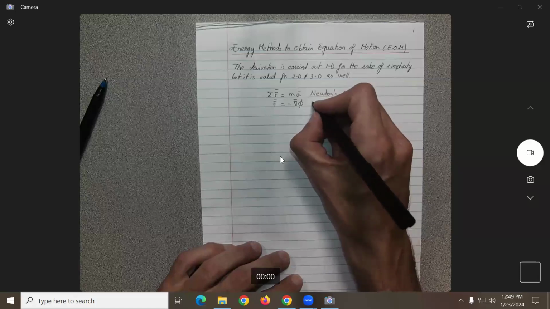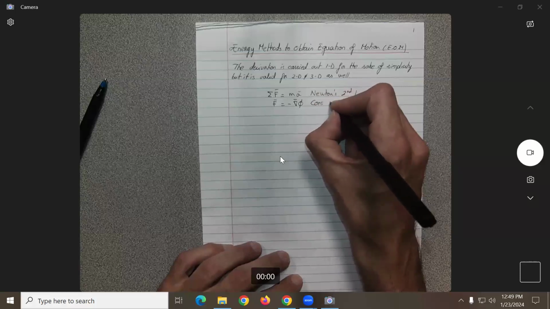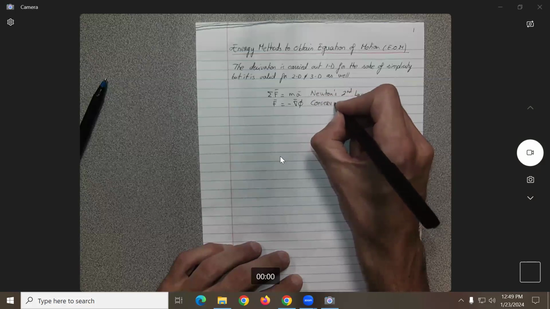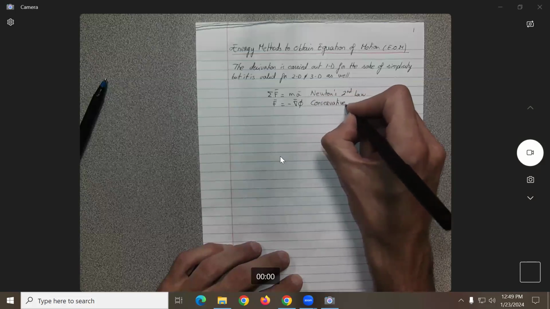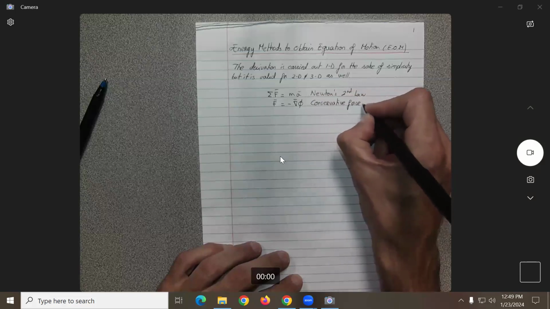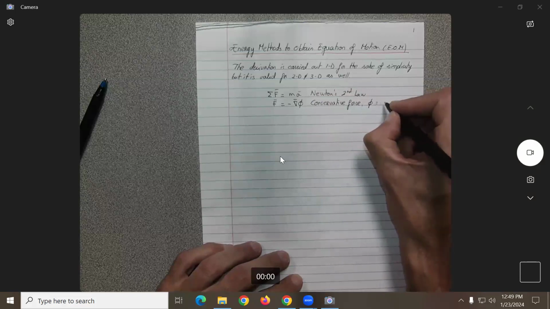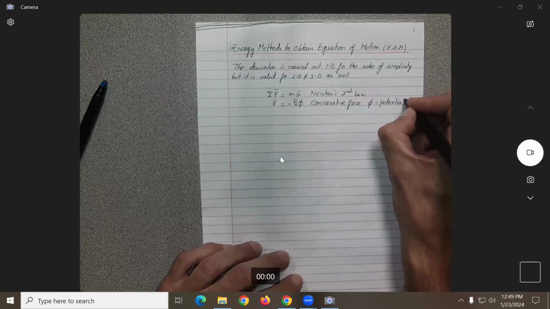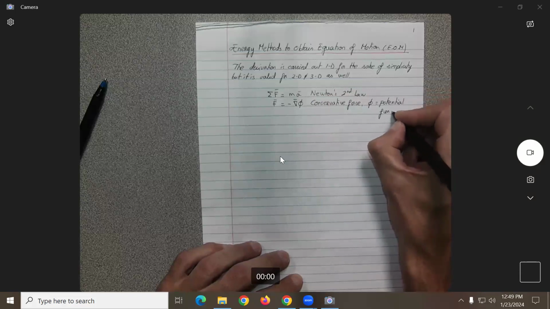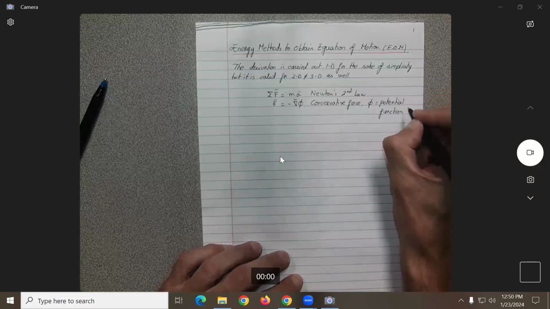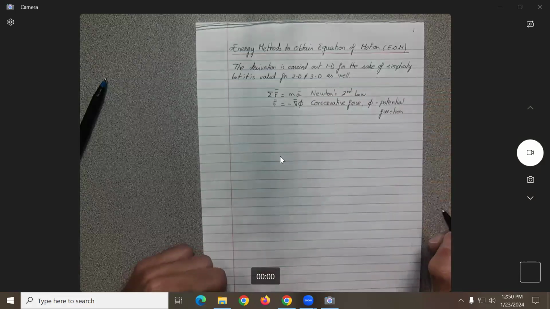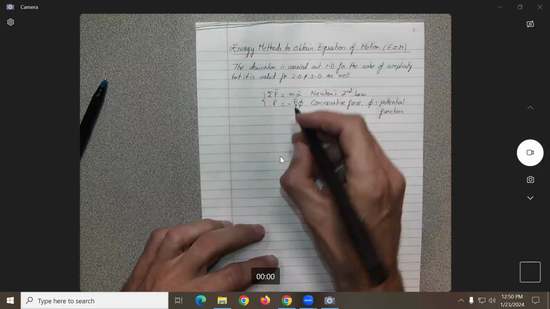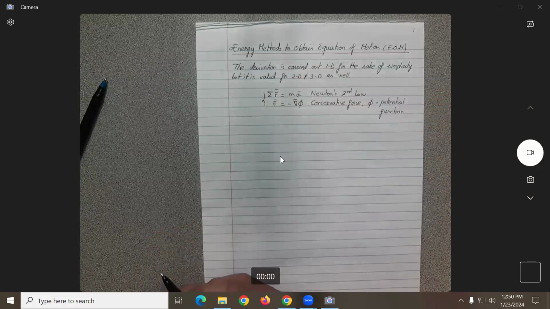the definition for a conservative force, where phi is known as a potential function. Okay, and from this potential function is where comes the name potential energy. Okay, but it should be calculus 3.